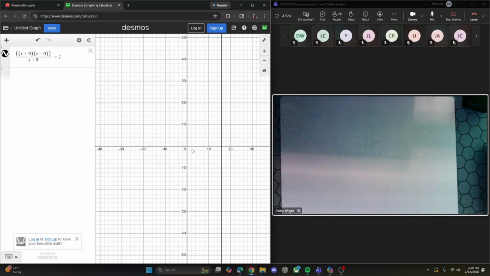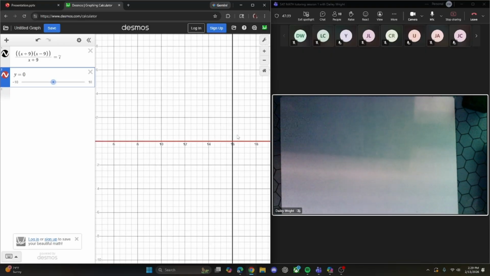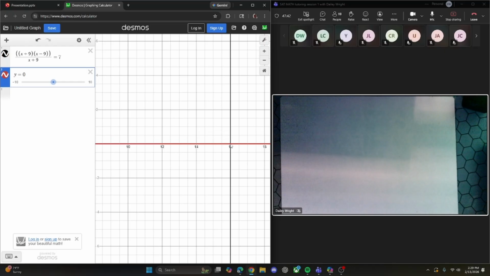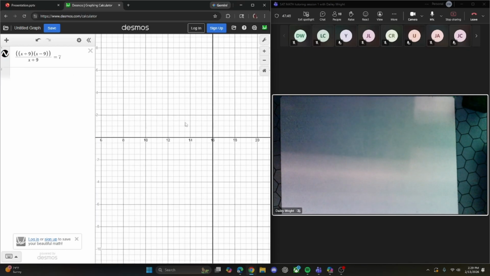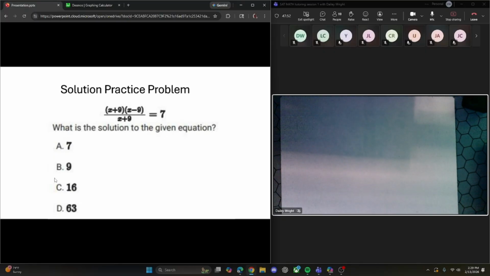If you're confused, because this looks confusing, like you cannot tell what the solution is when you do this, just put in the equation y equals 0, and it's going to give you where these cross. It's actually not right now. But you can see this is crossing at exactly 16. So a solution to this equation would be C, 16.